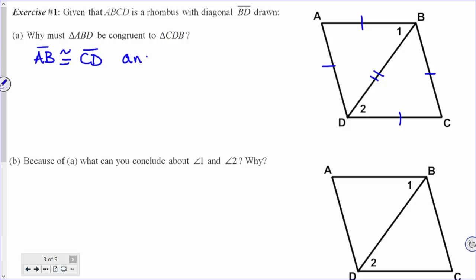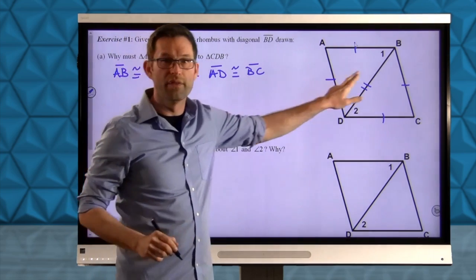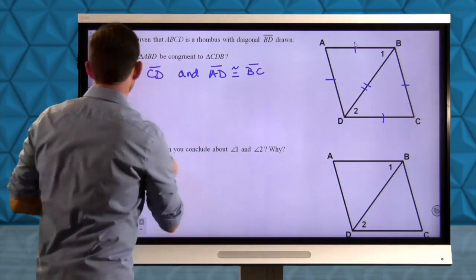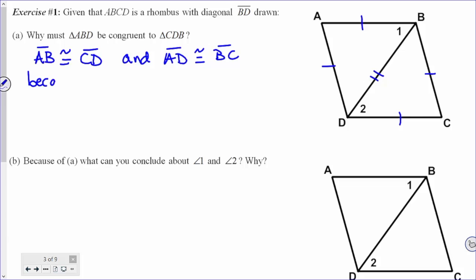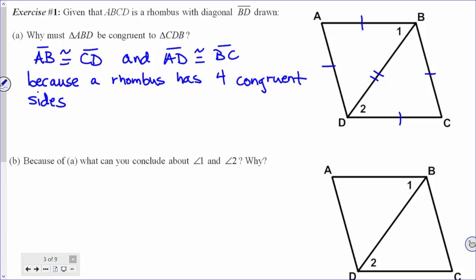And AD is congruent to BC. These two, because a rhombus has four congruent sides. Well, that's simple enough. But as well, those two triangles share a side.